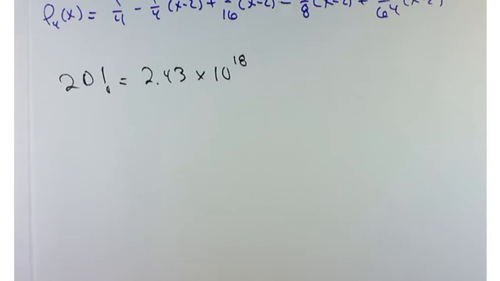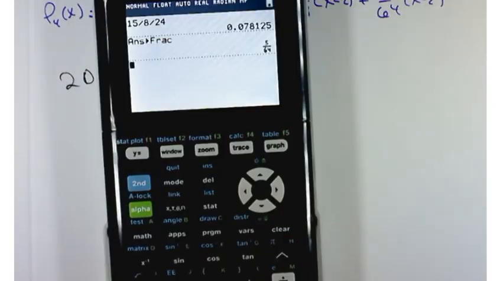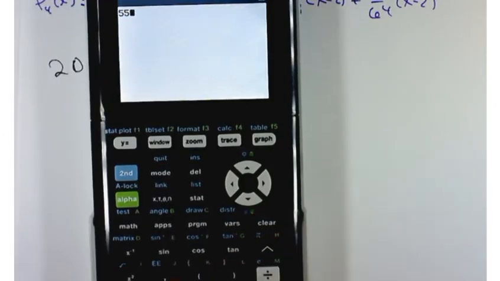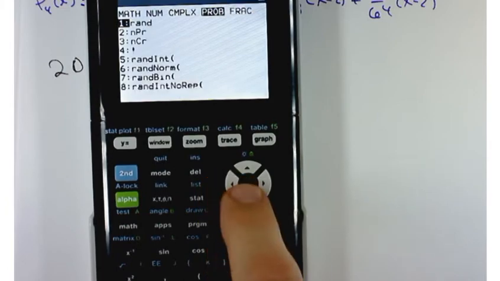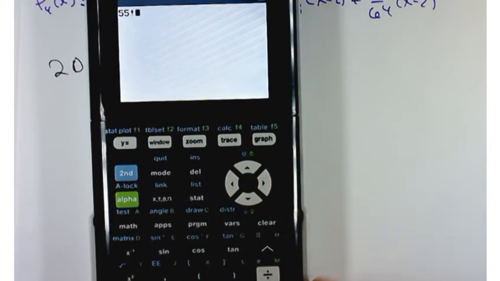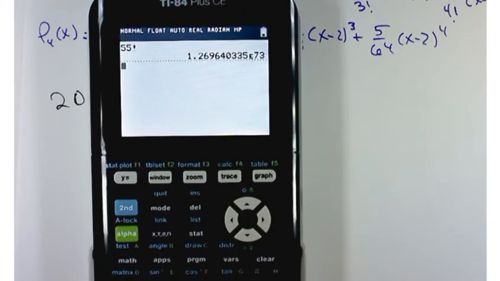We have 54 factorial and 55 factorial. That's going to go well beyond my vocabulary, I guarantee you that. 55 factorial is about 1.269 times 10 to the 73rd power. For comparison, the number of protons in the universe is thought to be around 10 to the 80th power.